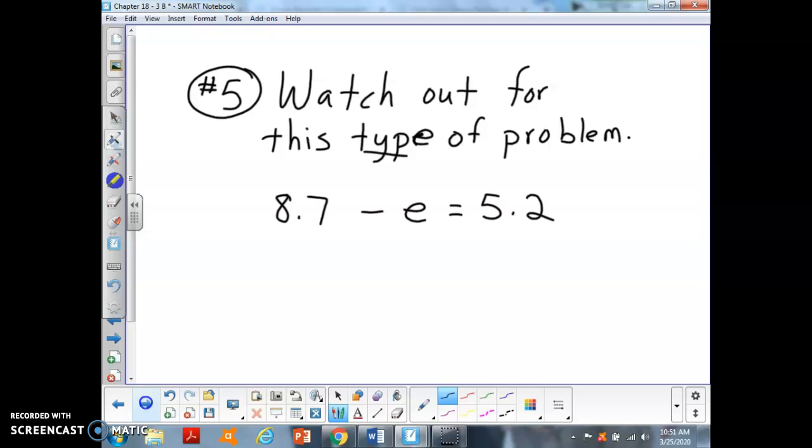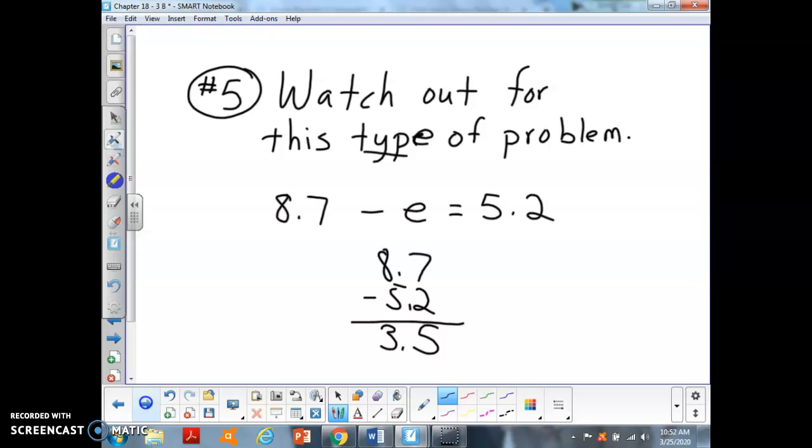The easiest way at this point is to find the difference between 8.7 and 5.2. 8.7 minus what equals 5.2? To do that, the easiest way is just to subtract those two numbers. 7 minus 2 is 5, and 8 minus 5 is 3. 3.5 is what's in between.